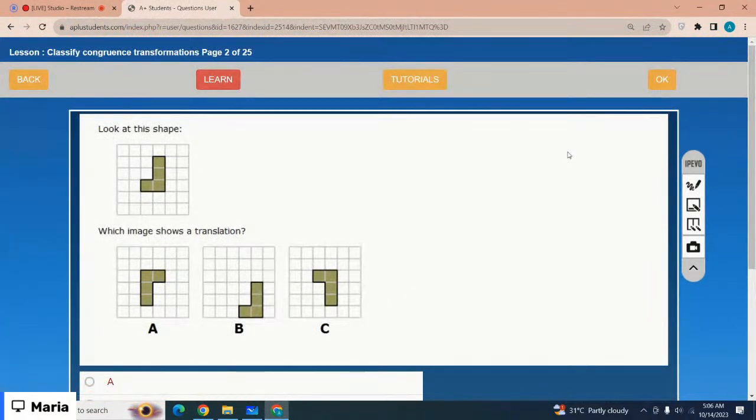Okay, look at this shape. Which image shows a translation? So, which is the correct option?